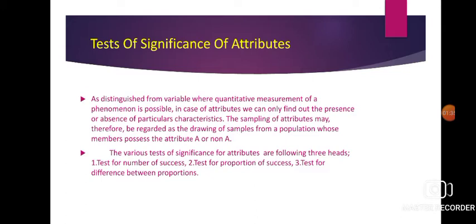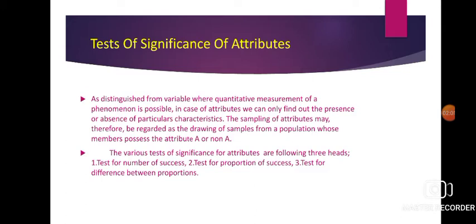The probability of success, P, is equal to 100 by 1000, or 0.1, and the probability of failure, Q, is equal to 900 by 1000, which is 0.9, so that P plus Q is equal to 0.1 plus 0.9, which is equal to 1.